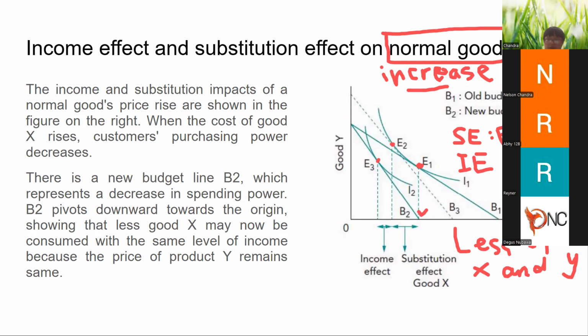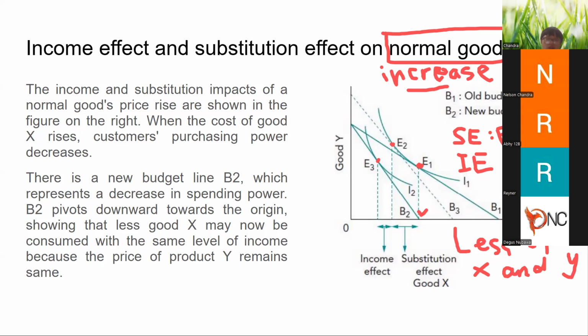In this situation, as I have mentioned several times, an increase in the price of good X leads to a fall in budget or income. Therefore, when there is a fall in income, you will purchase less normal goods.